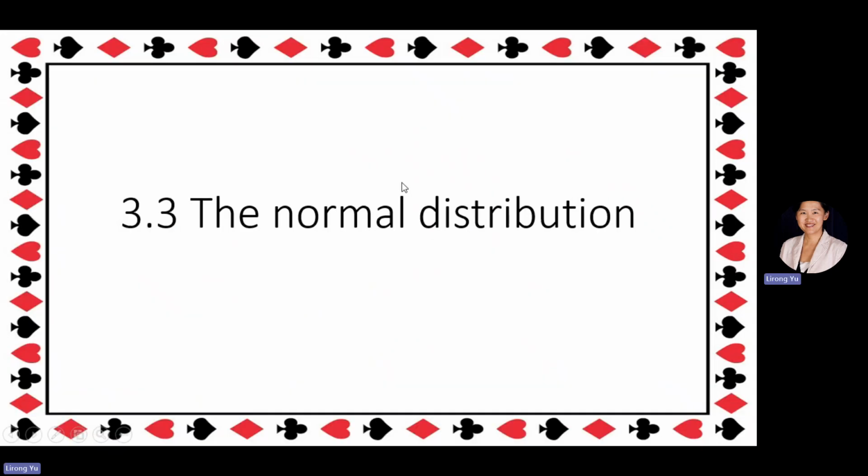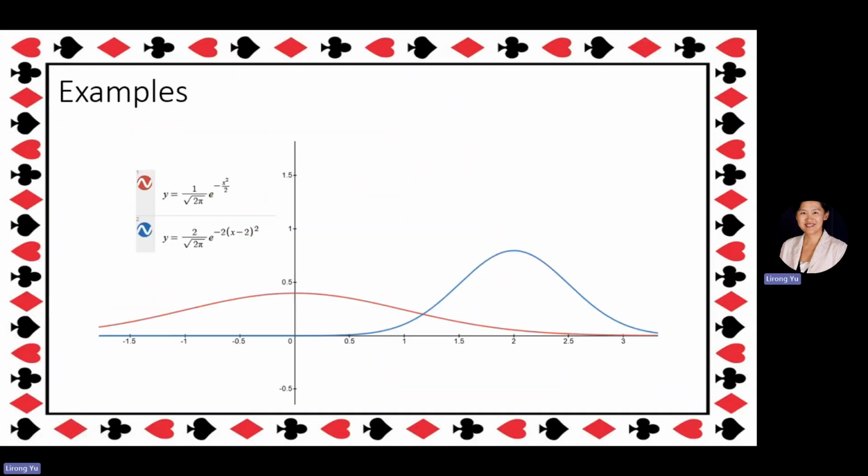What's the normal distribution? It's really a bell-shaped distribution. You have to see it. Here are 2 examples of it. So these are 2 different normal distributions. What's different from the exponential distribution is that the distribution is symmetrical. We already knew that exponential distribution, gamma distribution, and chi-square distribution are non-symmetrical.